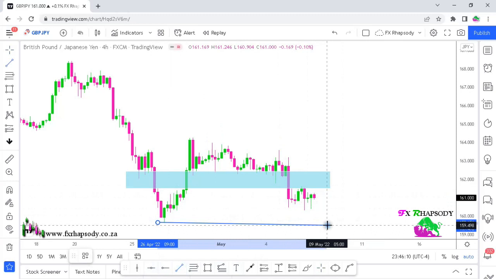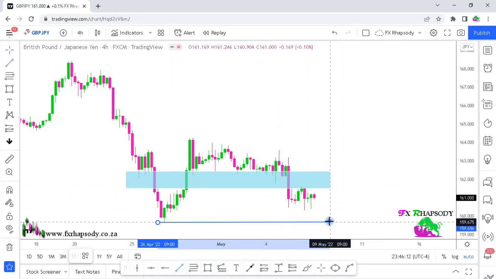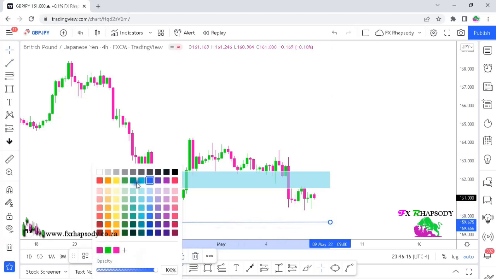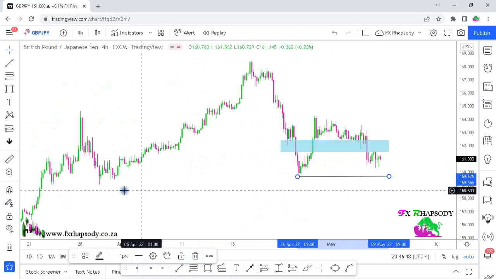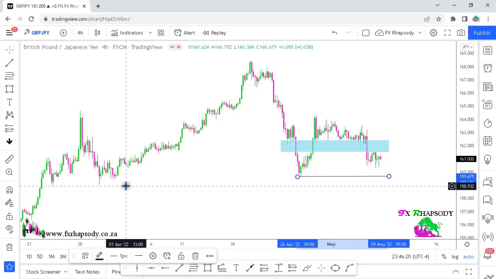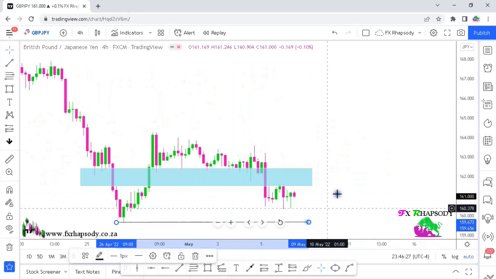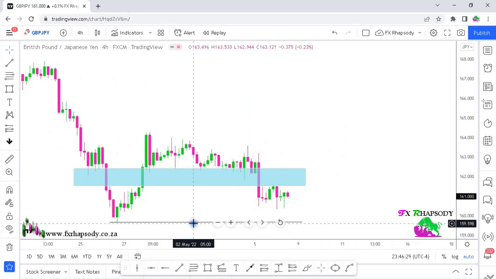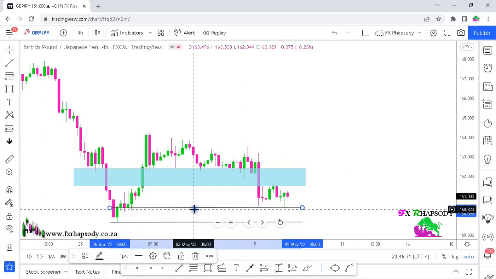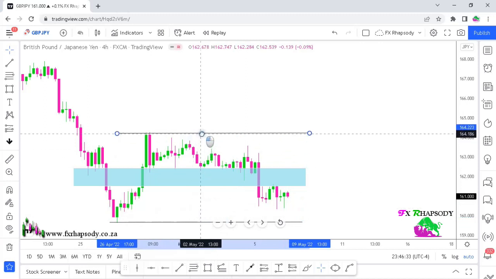I would like to see price. This is the first area that I would like to see price breaking. Okay. Zooming out again, you can see that's the next area just below that. Okay, so this is going to be step number 1, going past this area over there, and then the other side of the coin will be this high.